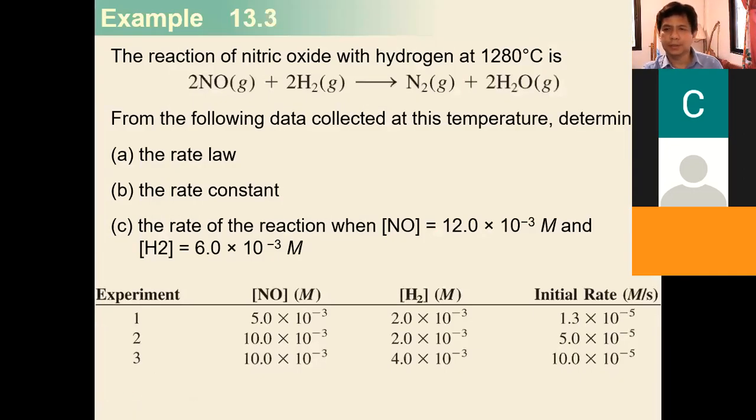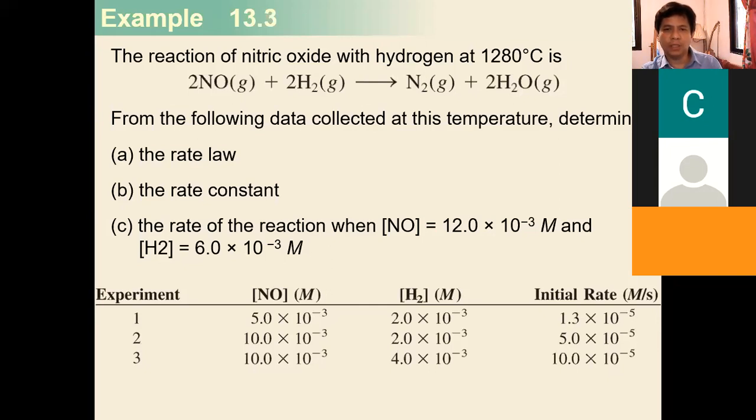Okay, so let's try to solve a more complete problem. In this particular problem, we're going to determine k, yung rate constant. So the reaction of nitric oxide with hydrogen at 1280 degrees Celsius is 2NO gas plus 2H2 gas will give you N2 gas plus 2 moles of H2O gas.